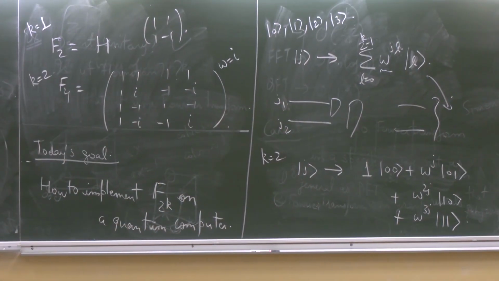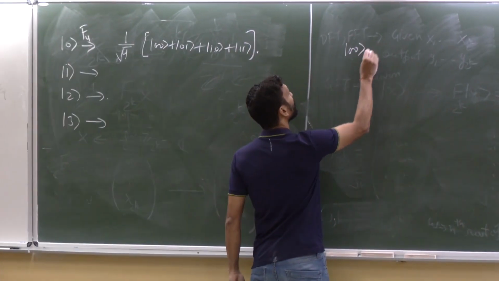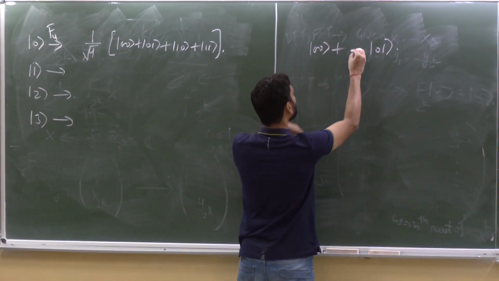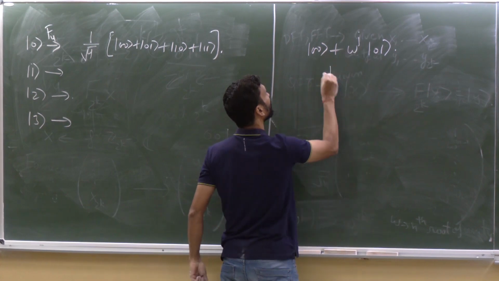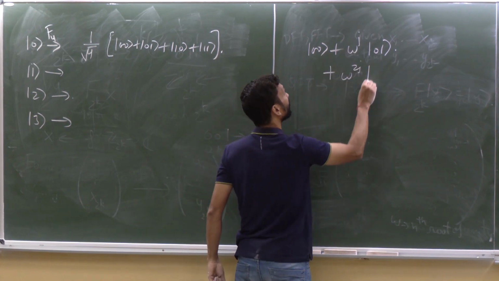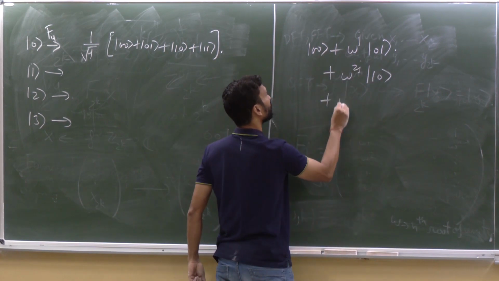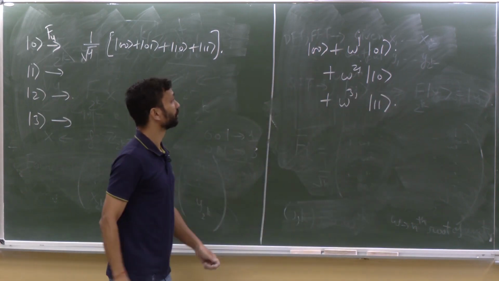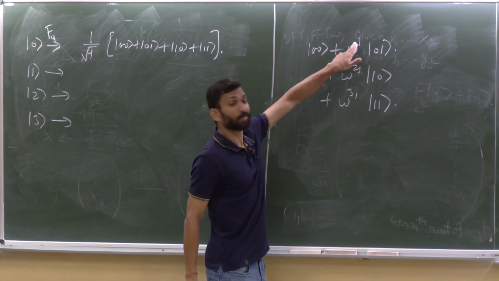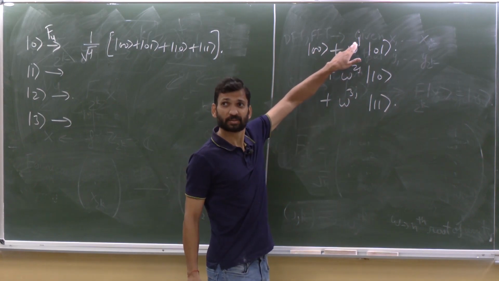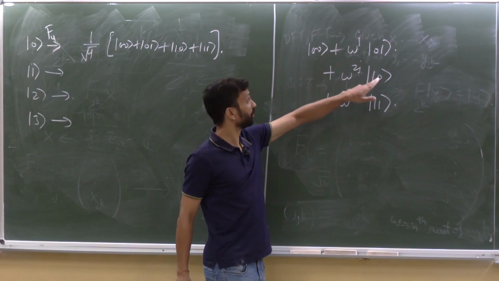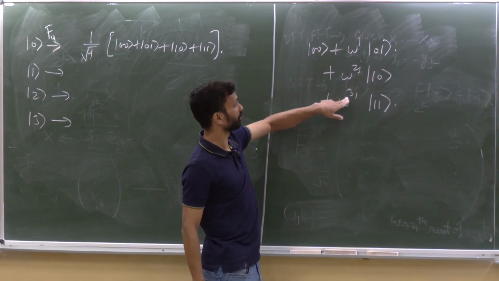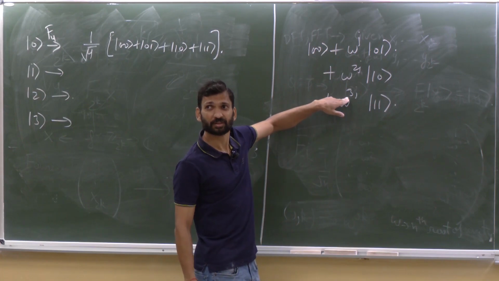So I have, why is J multiplied by 1 here? Because this is 1. Why is J multiplied by 2 here? Because this is 2 here. Because it is 3. Right?